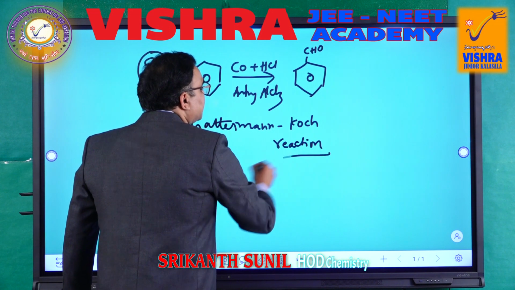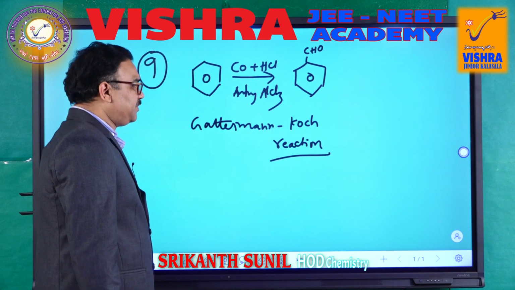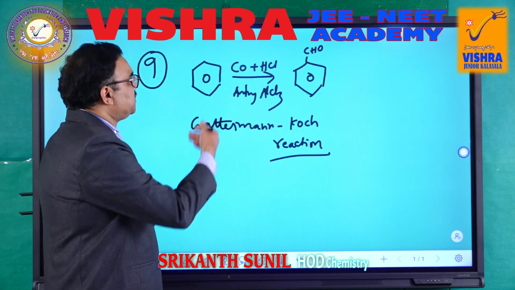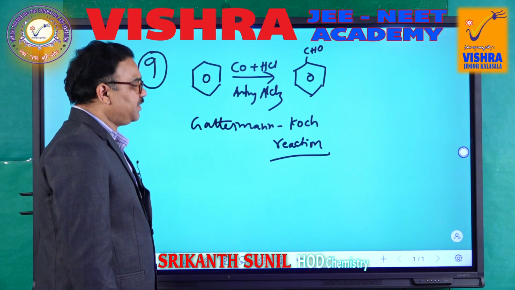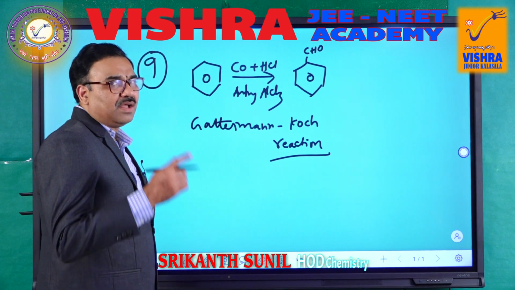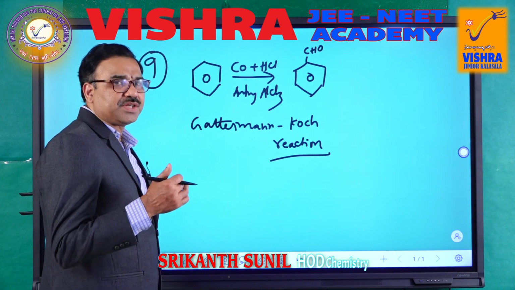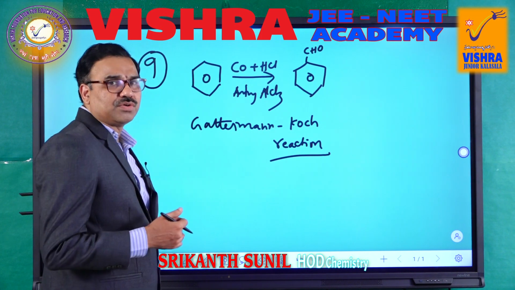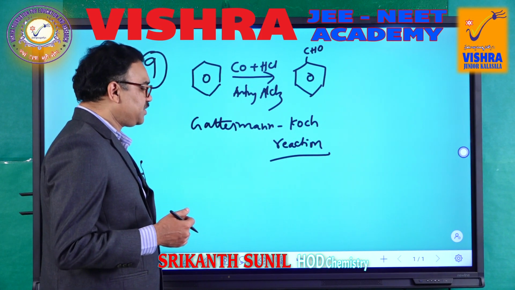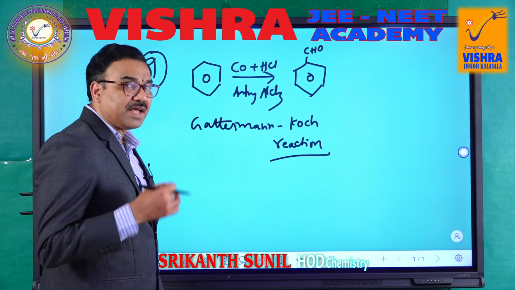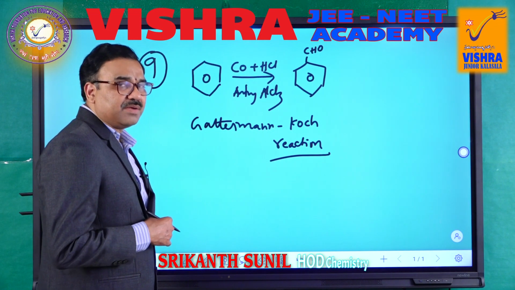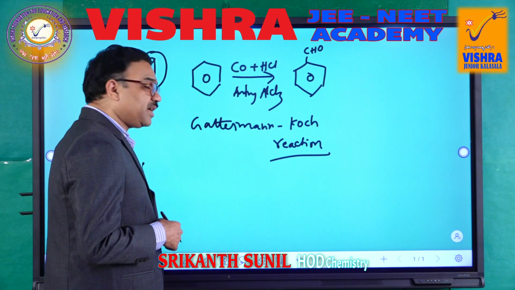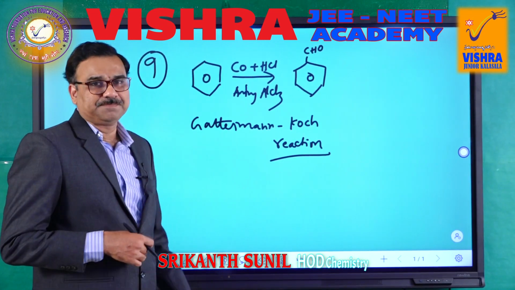So you have to select the name of the named reaction which is based on this type of equation. So it's a very basic one. Already I told you, in organic chemistry you have to study all the named reactions and brush up all the points before going to the examination, so that you can remember the equation. Direct questions are asked on the named reactions, so compulsorily we get at least one question on that.